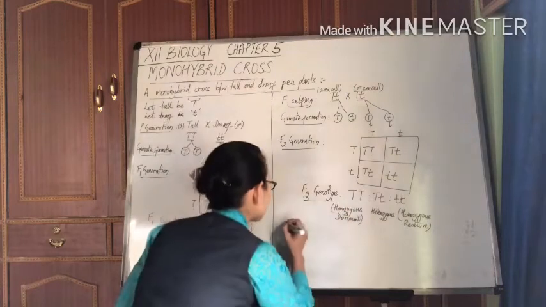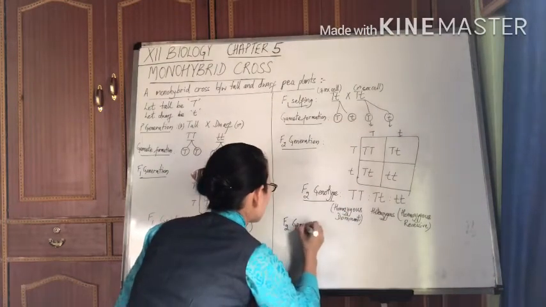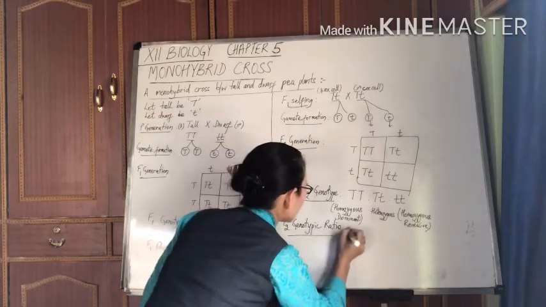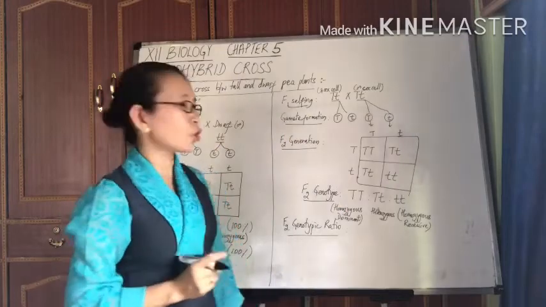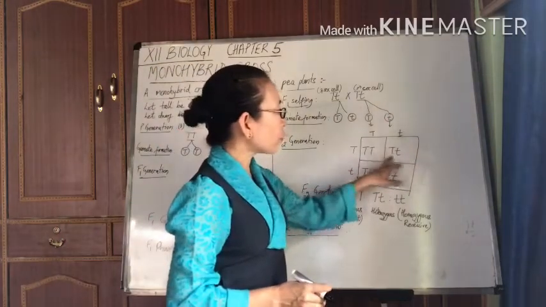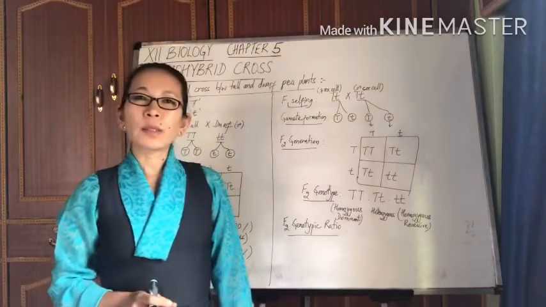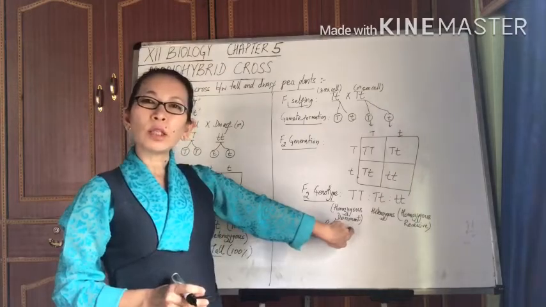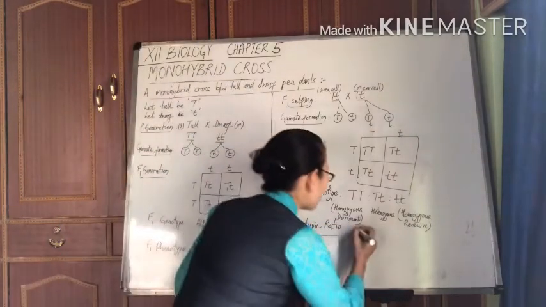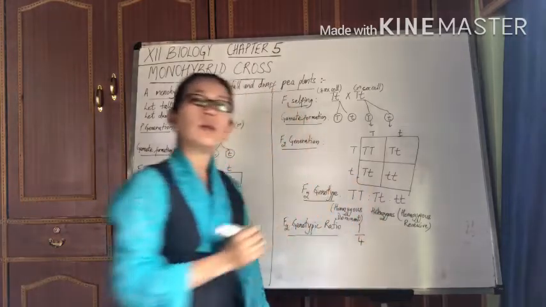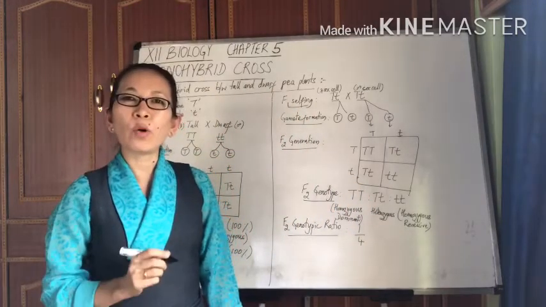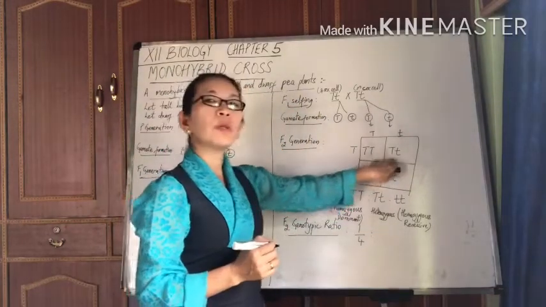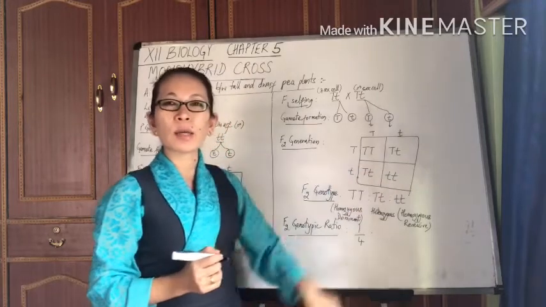Okay, so let's write F2 genotypic ratio. So what is the F2 genotypic ratio? Here, out of the four possible genotypes, one box has homozygous dominant genotype. Okay, so 1/4 of the progeny can be having a homozygous dominant genotype, and 2/4 of the progeny can be having a heterozygous genotype.